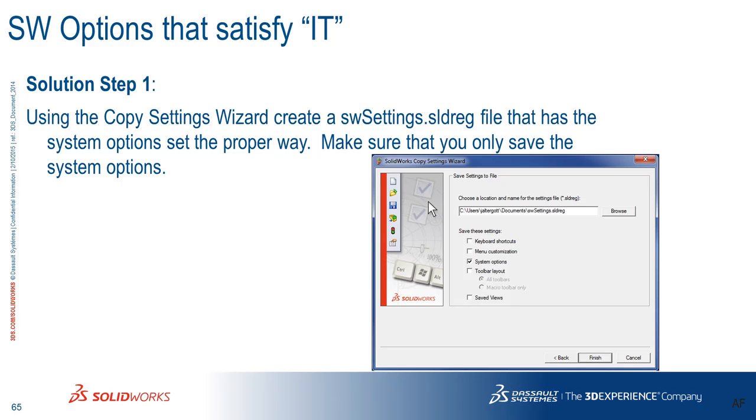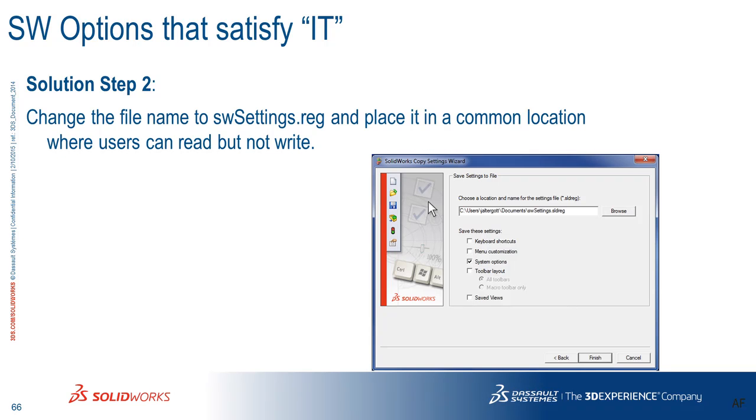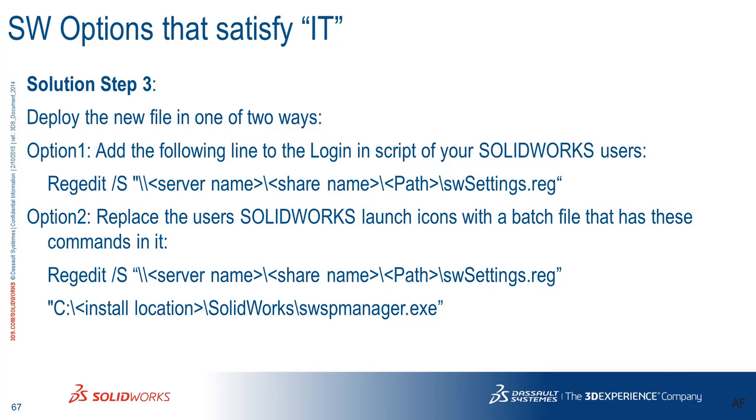All that is a reg file, a .reg file. When you double-click a reg file, as we saw before, it just installs that onto your machine, and that's what you get in your registry. That's a really handy little tool. What we're going to do is change that SLDREG file's name to a reg file.